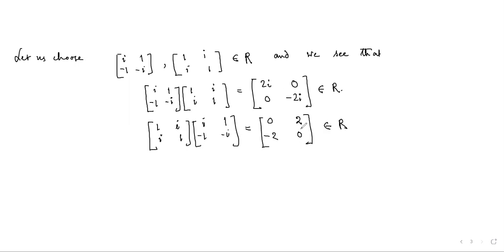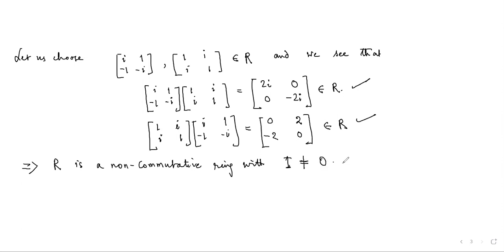But you see that these two elements are not the same. So this implies that the set R is a non-commutative ring with identity I not equal to 0. Okay, it's a non-commutative ring, remember.